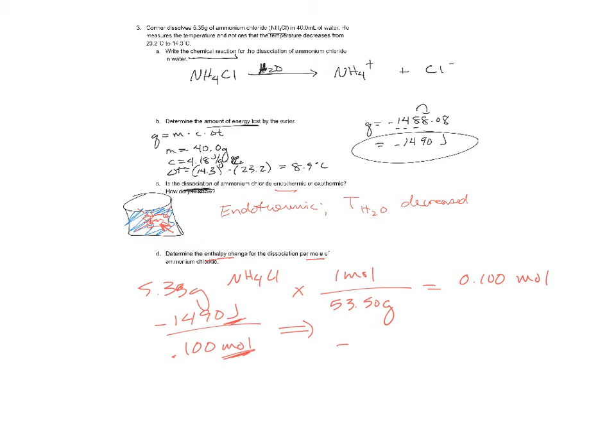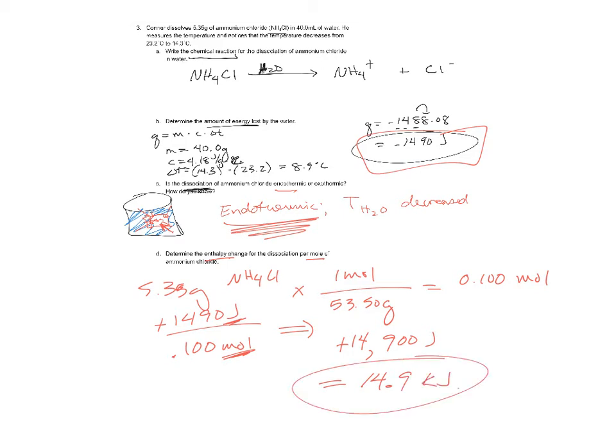This is positive because the ammonium chloride is gaining the energy. The water lost the energy, but this has got to be a positive number: 14,900 joules, also known as 14.9 kilojoules per mole.